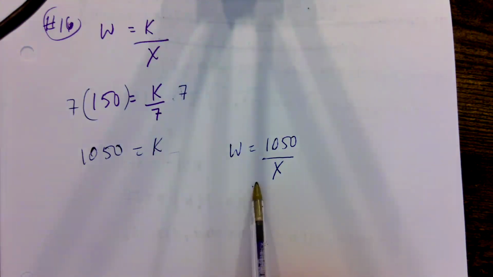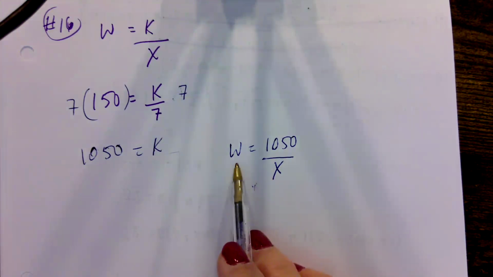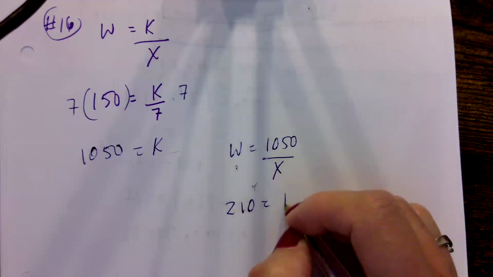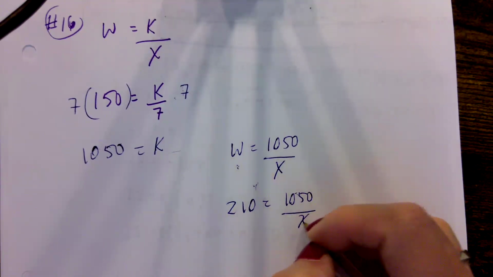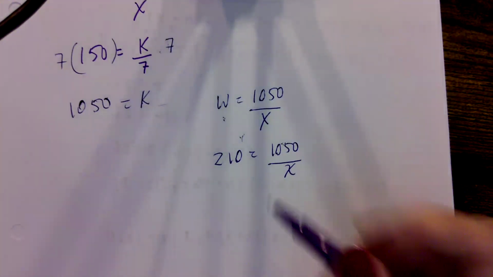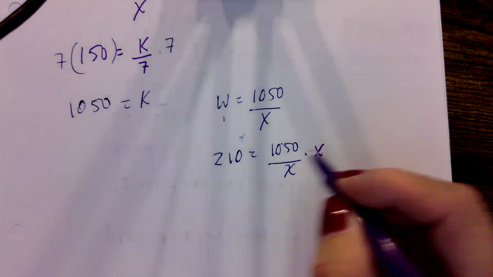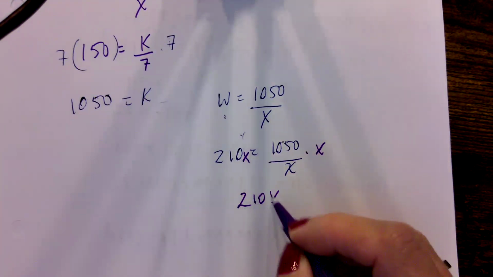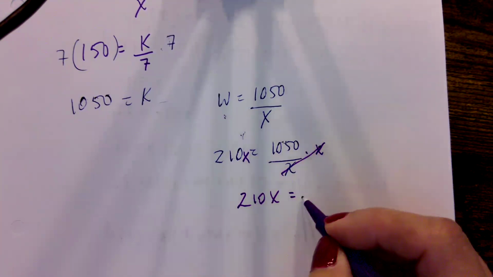And then it says, okay, find the distance X when we know that the weight is 210. So we know the weight is 210 and we need to find X. So I'm going to multiply both sides by X. So I have 210X equals 1,050, those cancel.